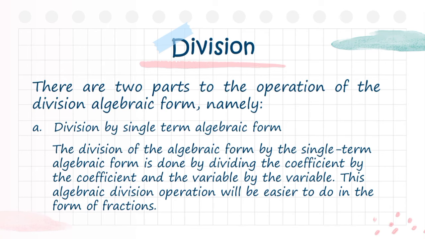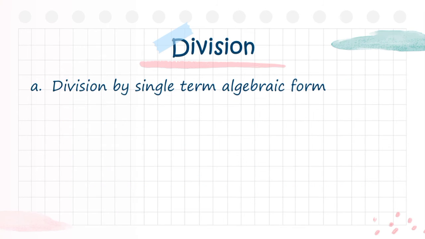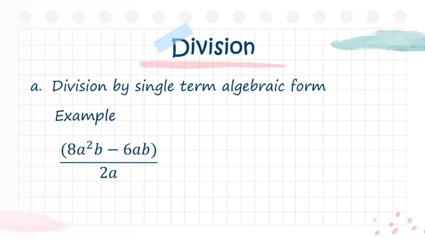This algebraic division operation will be easier to do in the form of fraction. Example: open bracket 8a to the power of 2b minus 6ab close bracket divided by 2a.